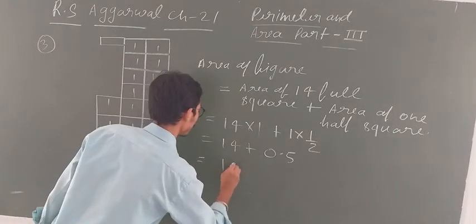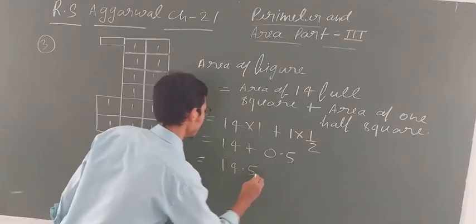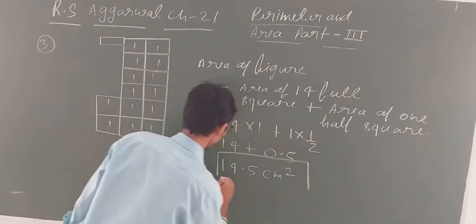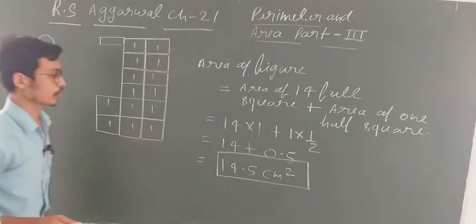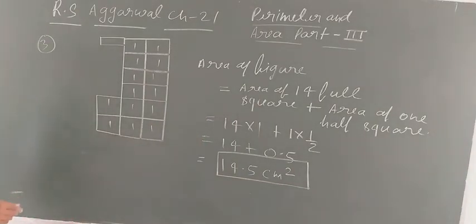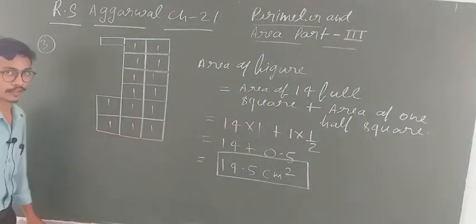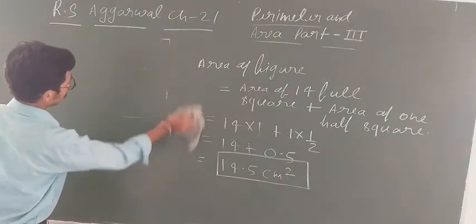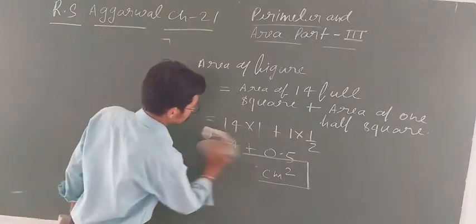So this will come to 14.5 square centimeters. Clear, student? So this is your solution: 14.5 square centimeters is the area of the total figure. You have to see how many full squares are given and how many half squares are given. So I think this question is clear to everyone.